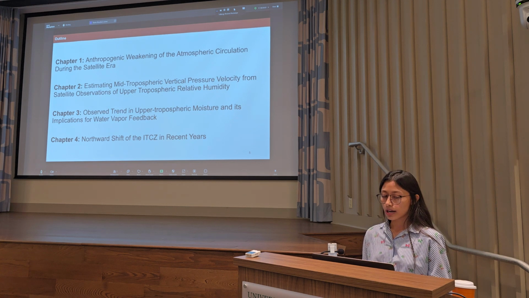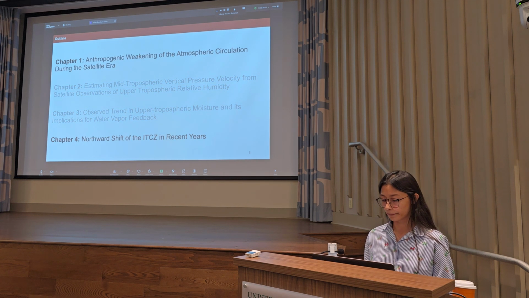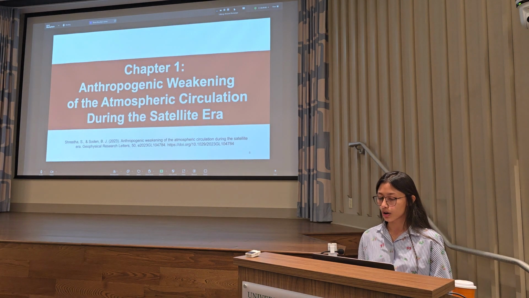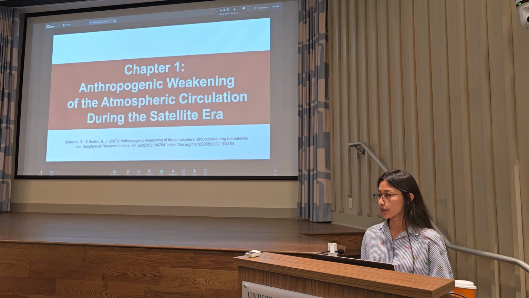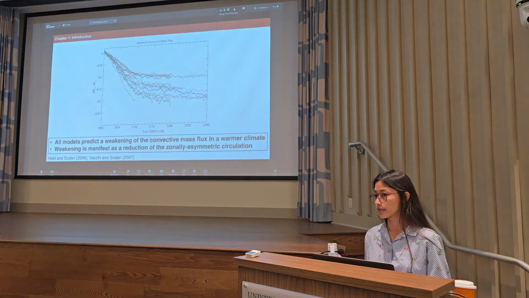For today's talk, I will only focus on results from Chapter 1 and Chapter 4, but I'll also briefly go over results from the more technical chapters 2 and 3. Chapter 1, titled The Anthropogenic Weakening of the Atmospheric Circulation During the Satellite Era, begins with the hydrological constraint from Held and Soden in 2006 and again shown in Becker and Soden in 2007.